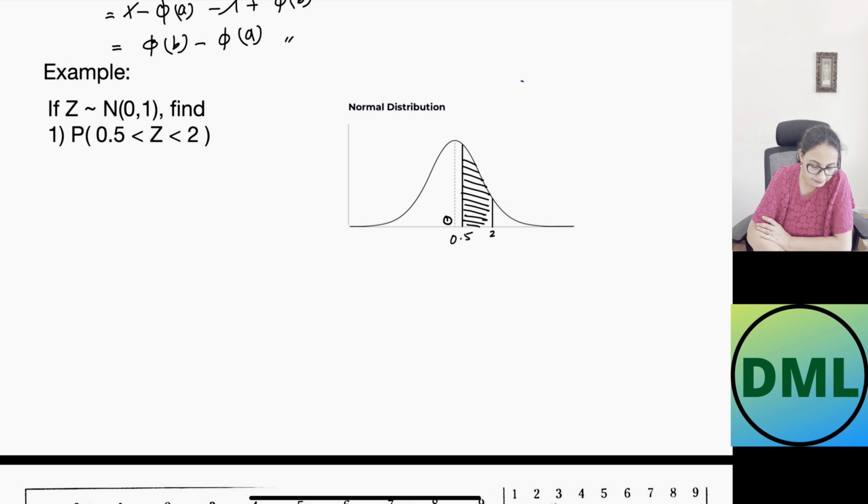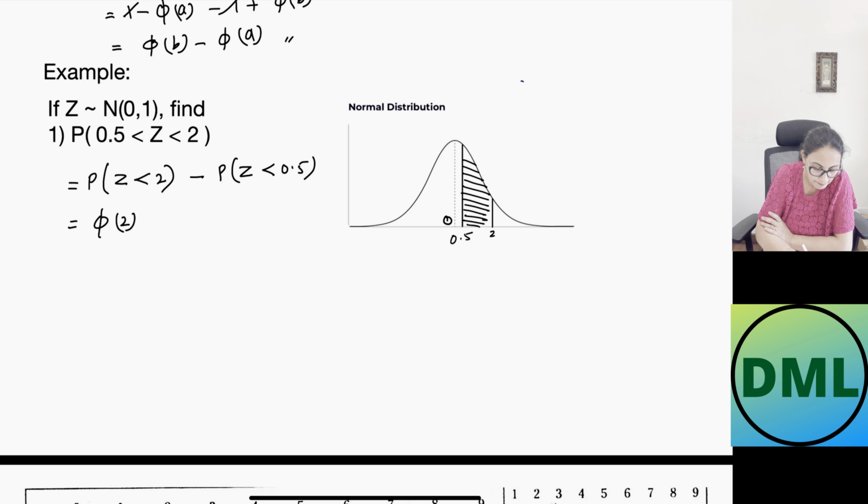If I have to calculate the answer in between, the shaded area, this will be written as Z less than 2 minus Z less than 0.5 if I subtract it. Let's write down the answer here. Probability of Z less than 2 minus probability of Z less than 0.5. We know that the less than answer will be written as phi of 2 minus phi of 0.5.